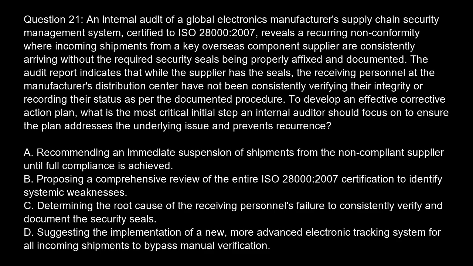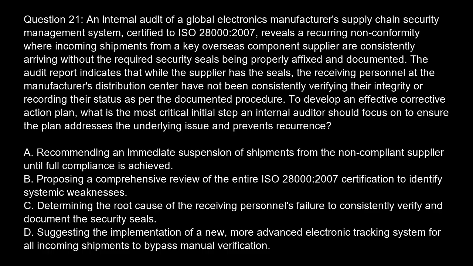28000-2007 principles. Question 21. An internal audit of a global electronics manufacturer's supply chain security management system, certified to ISO 28000-2007, reveals a recurring nonconformity where incoming shipments from a key overseas component supplier are consistently arriving without the required security seals being properly affixed and documented.